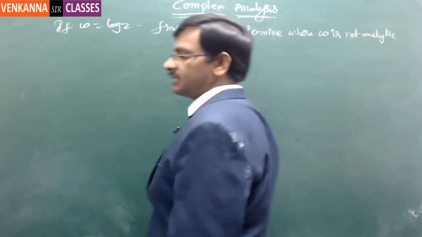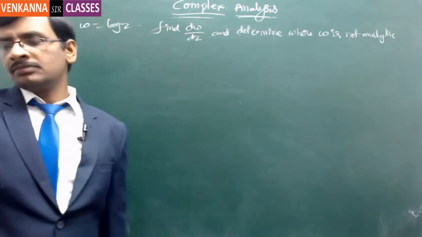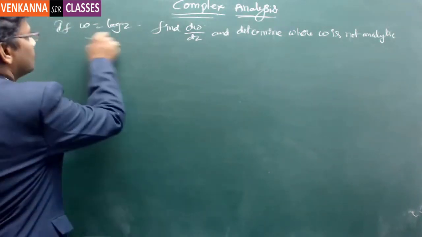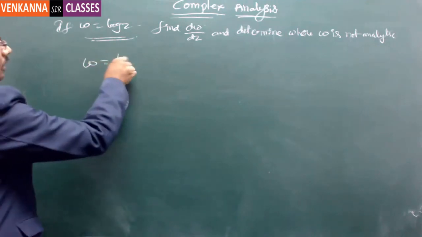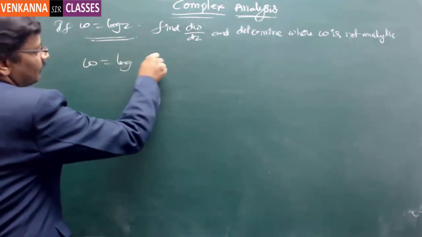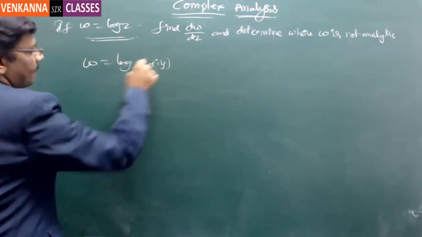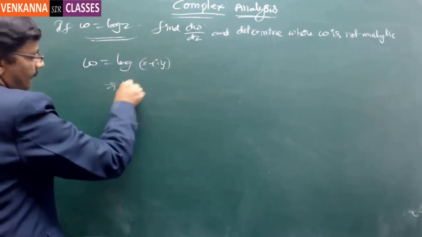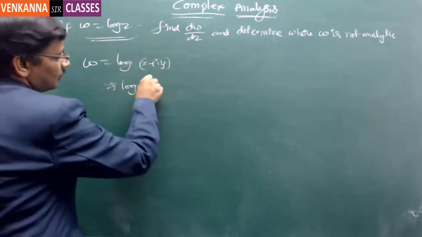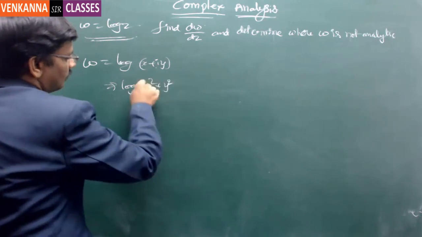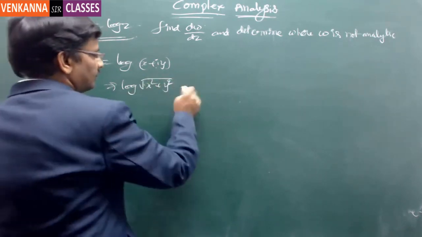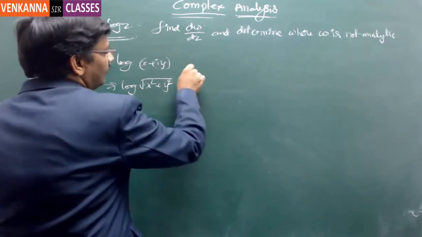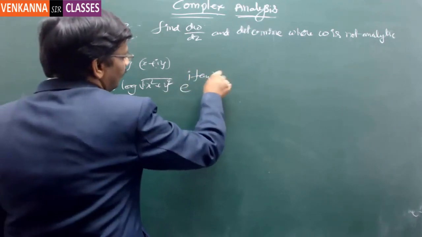Can you try solving this? Here w is equal to log z. Then w is equal to log of x plus iy, or log of square root of x square plus y square times e power i tan inverse of y by x.